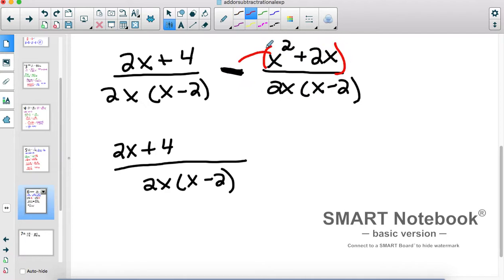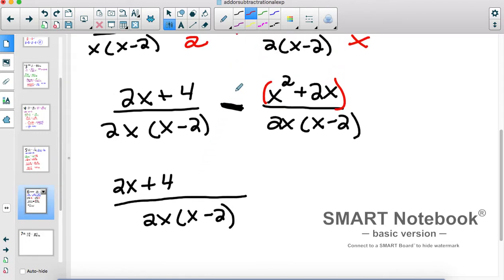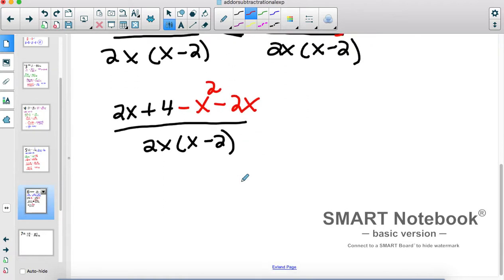So this minus needs to get distributed to each term, and that's where a lot of you guys will forget. So be careful, this minus has to be distributed. It's going to be minus x squared, and then negative times 2x would be minus 2x. That's the only difference between addition and subtraction, this little part where I'm distributing my minus.